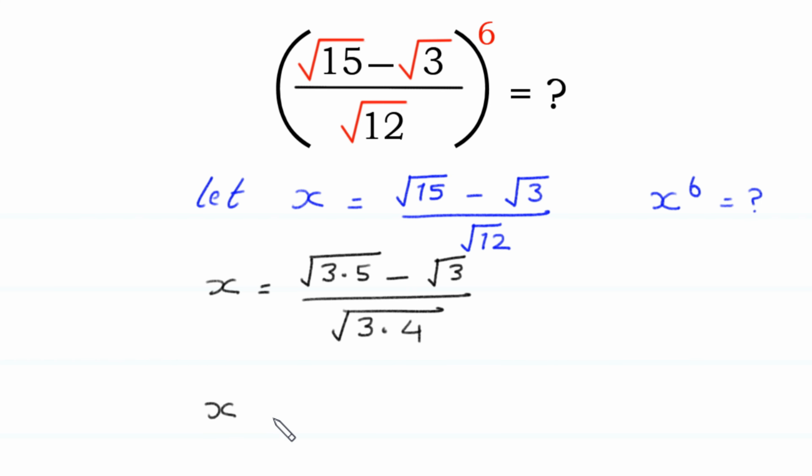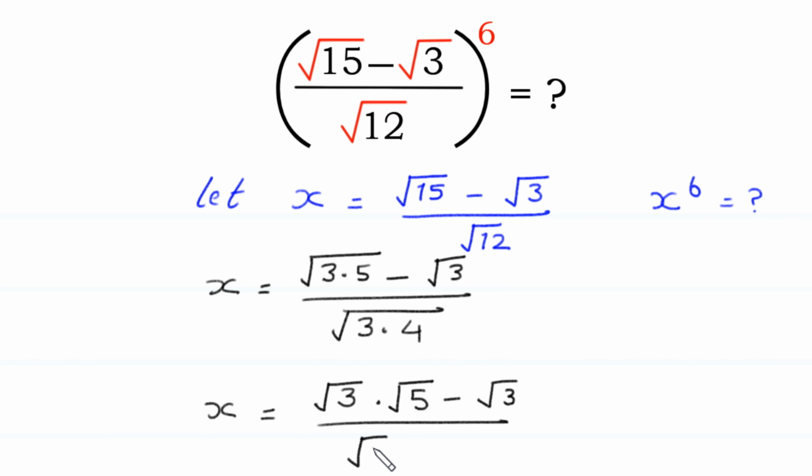Next, x is equal to, now we can write this square root of 3 times 5 as square root of 3 times square root of 5, minus square root of 3, divided by, and we can write this square root of 3 times 4 as square root of 3 times square root of 4.